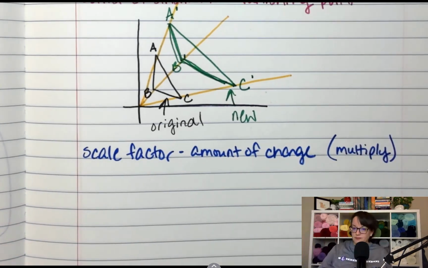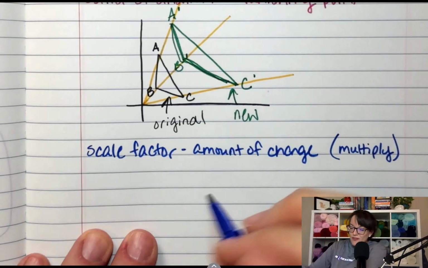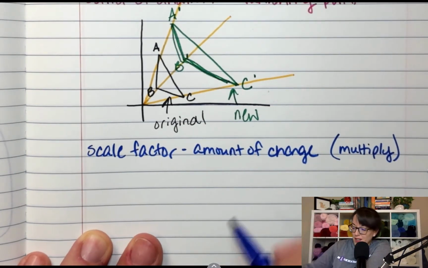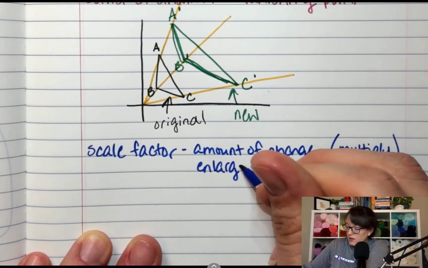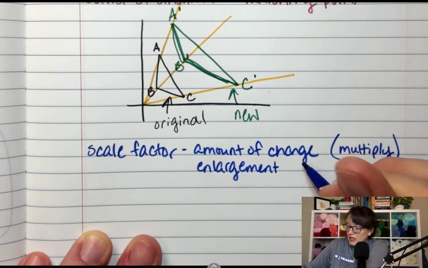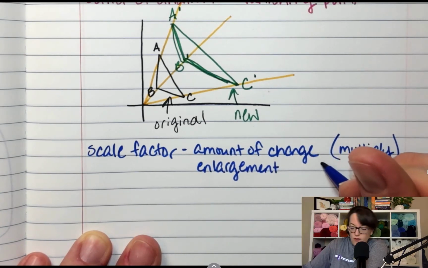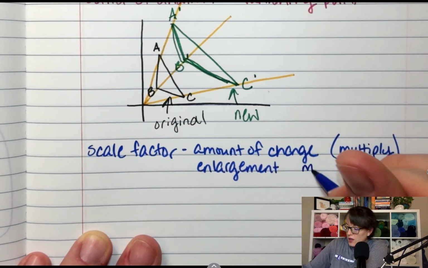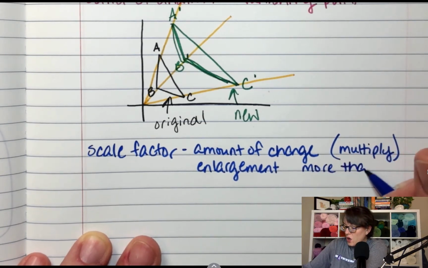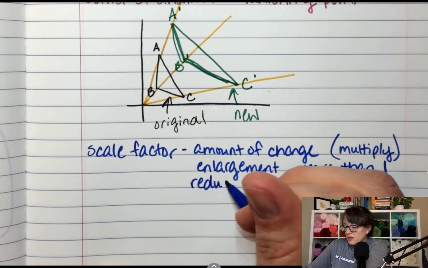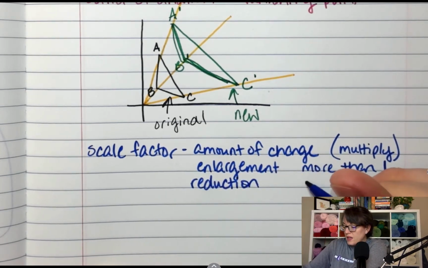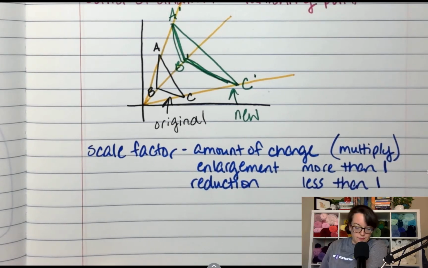So not adding. Don't add. We're talking about proportions, so we're multiplying. If it got bigger, then the scale factor was greater than 1. If it was an enlargement, the scale factor was more than 1. If it was a reduction, then it was less than 1.